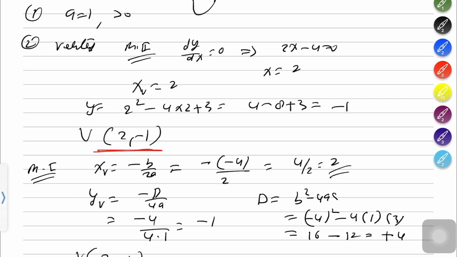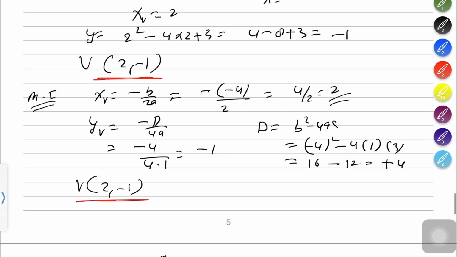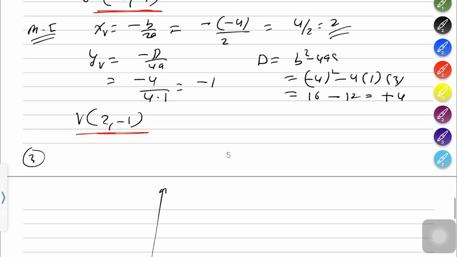Now these two things are known, so we have to plot it. The first step was to find whether it opens upward or downward, the second step is the vertex, and the third is the y-intercept. The y-intercept is obviously 3, the intersection point on the y-axis, so 0 comma 3.